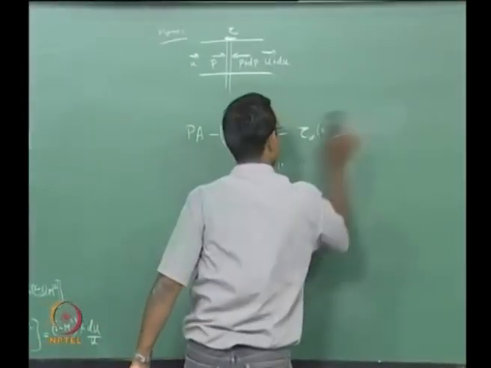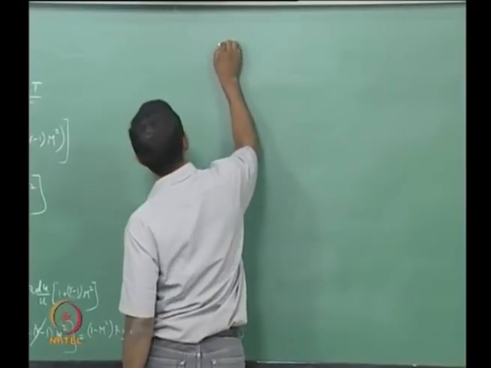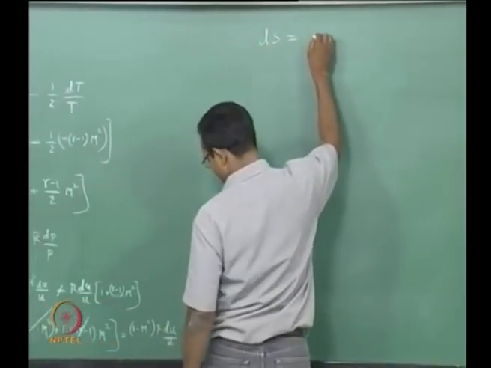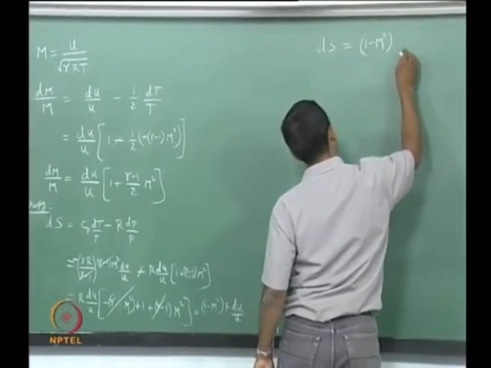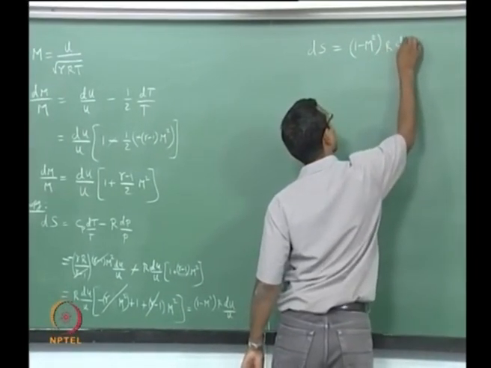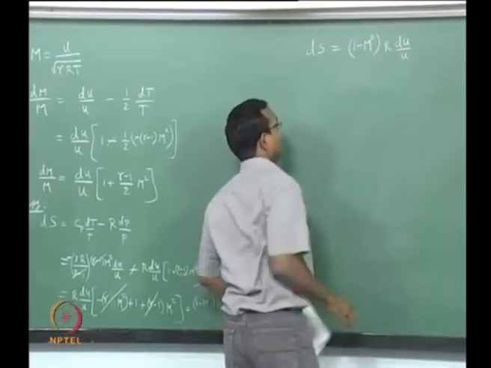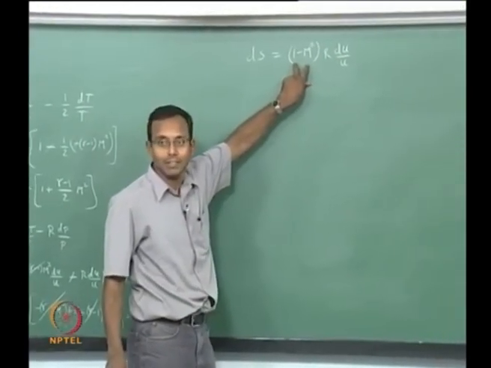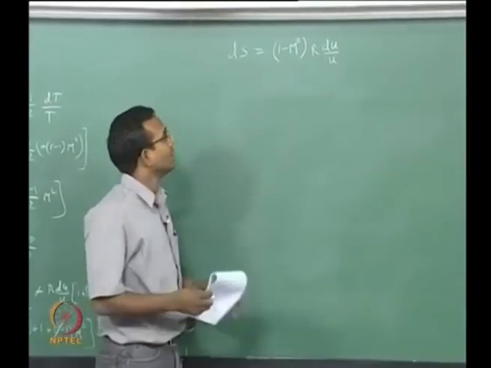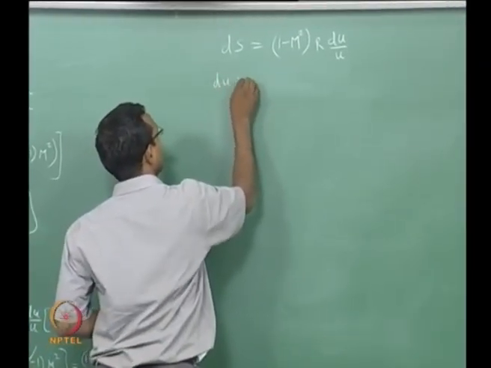From now on it is simple, I just have to find what is going to happen with each variable. I will write it again here: ds equals 1 minus m square times r du by u. So suddenly we are seeing ds switches sign across m equal to 1, very important thing. Now let us consider a case du greater than 0.